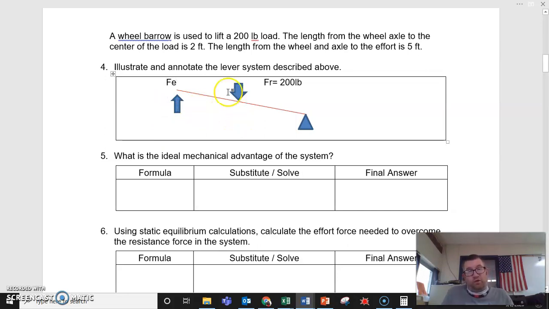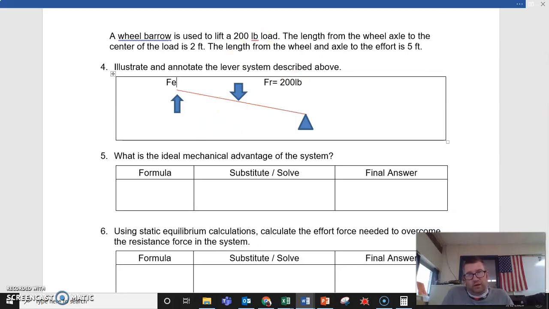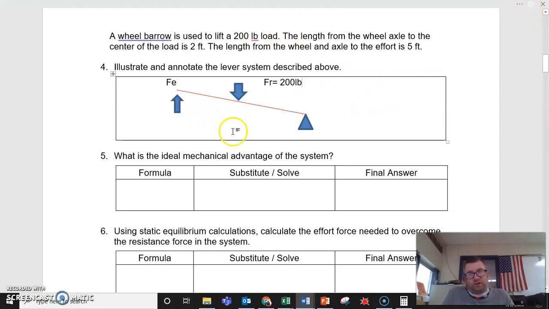We don't know what that is. Then we have a resistance distance, which is from the load to the fulcrum. The resistance distance, DR, equals 2 feet, and then the effort distance, or DE, equals 5 feet.